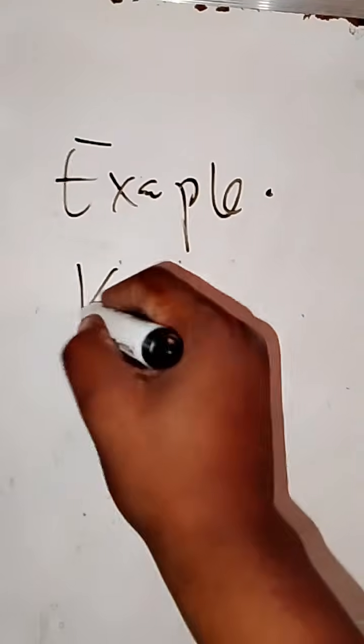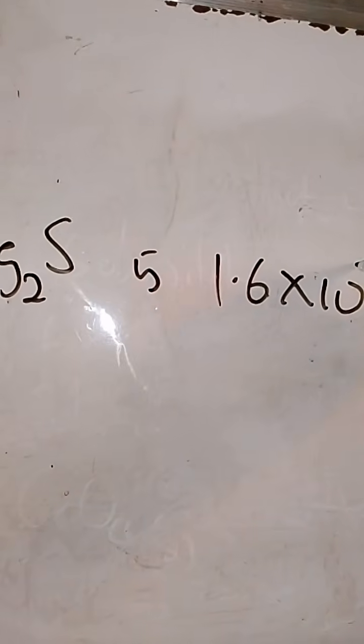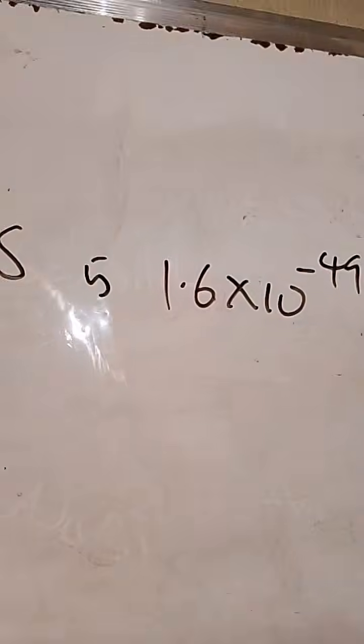All right, so now we can also calculate the solubility. Let's have another example. In this case, we've been given the Ksp, then we need to calculate the solubility. The Ksp for silver sulfide is 1.6 times 10 to the power negative 49.